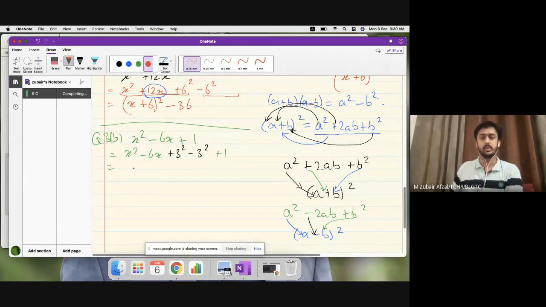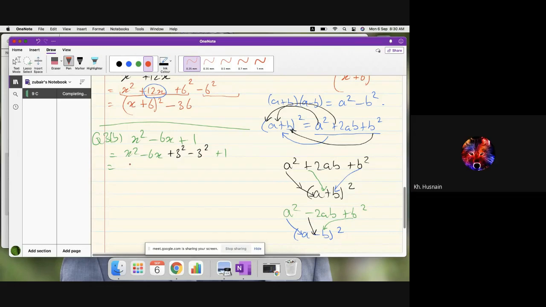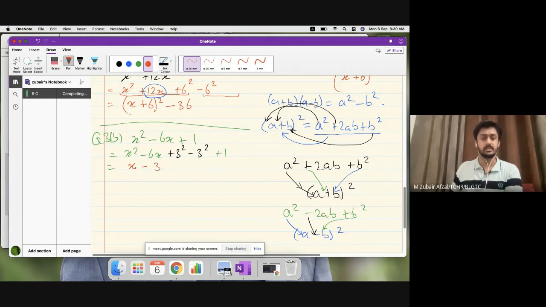Now what do I copy? x minus 3 bracket square, minus 3 bracket square. And then this is minus 9 plus 1. So you're left with x minus 3 whole square minus 8.